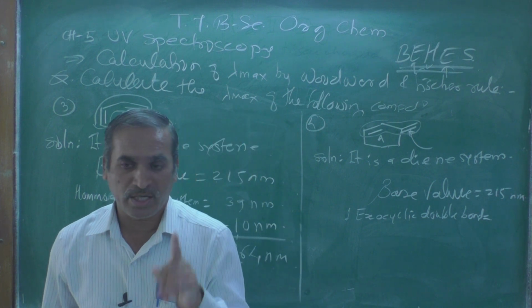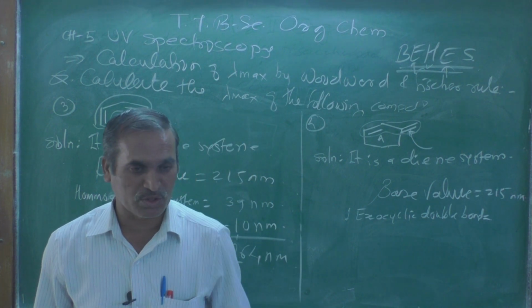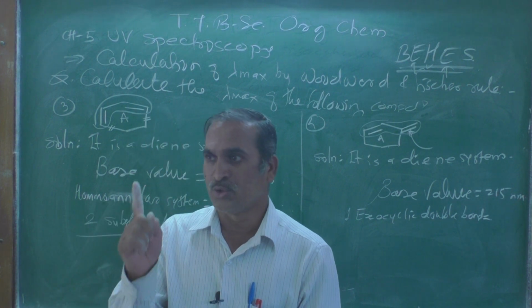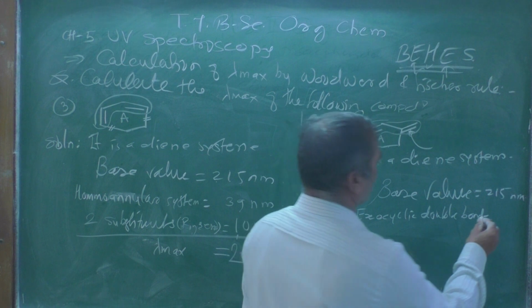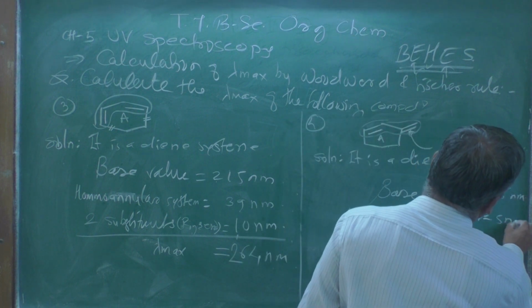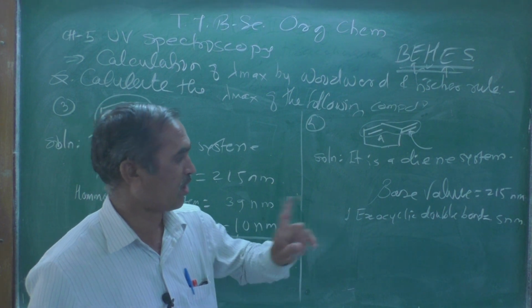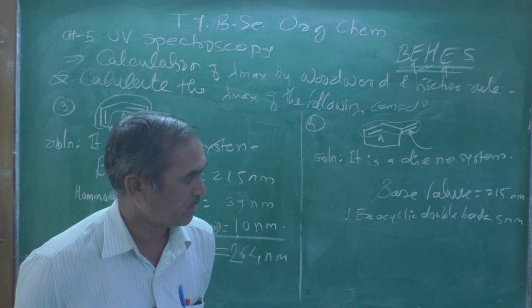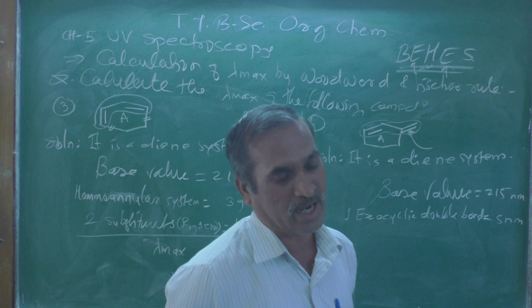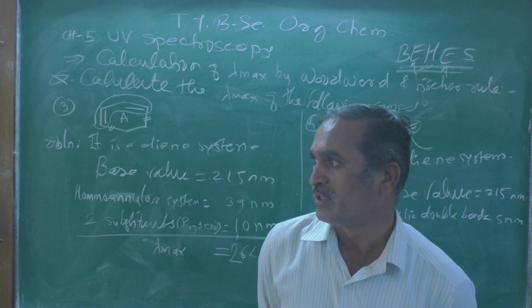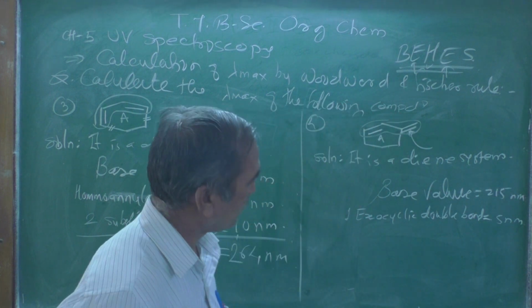If one exocyclic double bond is present, how much to add? You should add 5 nanometer. This is the value for one exocyclic. If 2 are there, you add 10. If 3, multiply by 5, so 15.